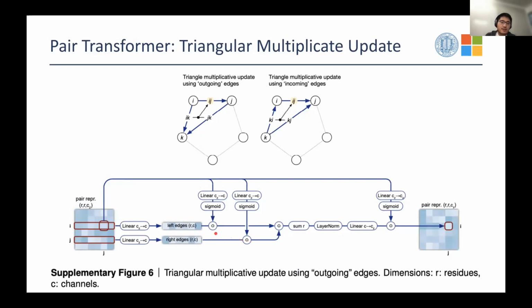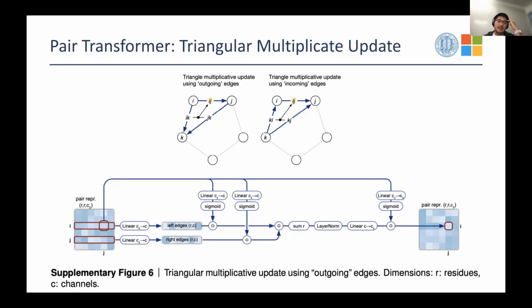For the update process, this is a computational flow with left edges, which are the outgoing edges from node i, and right edges, which are the outgoing edges from j.